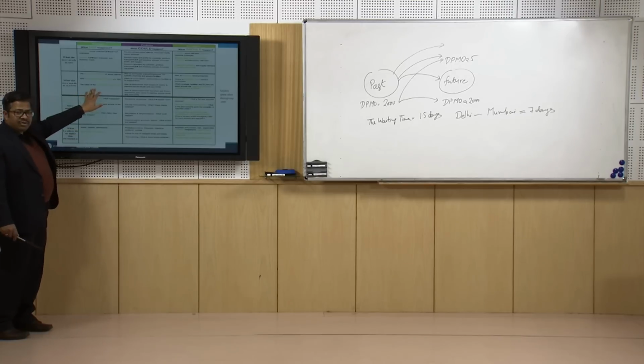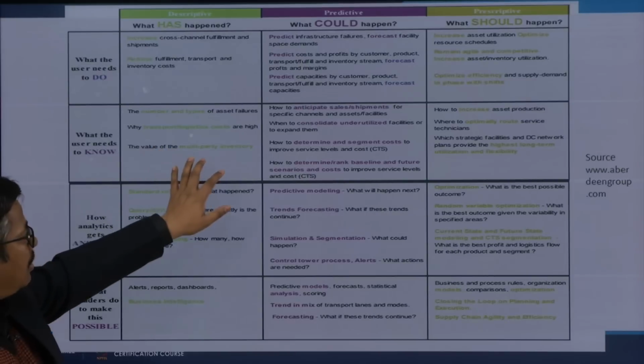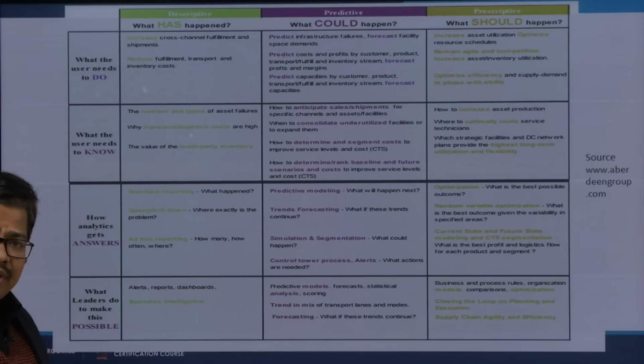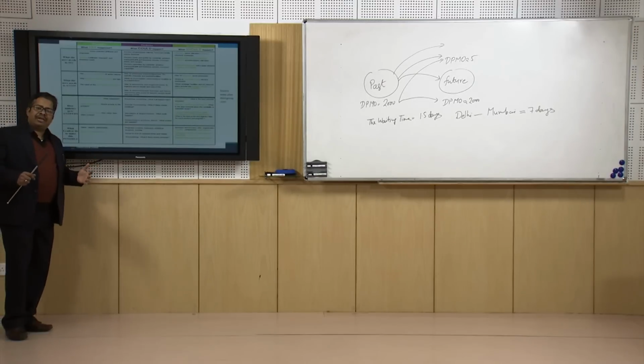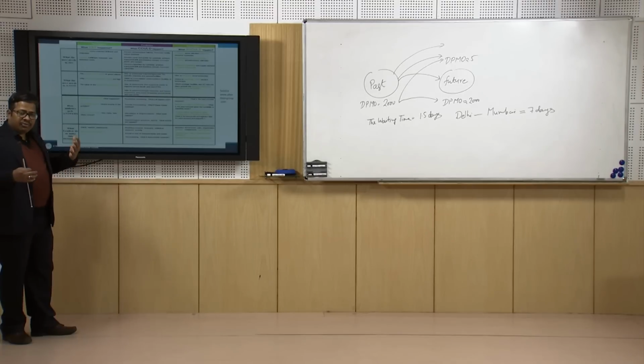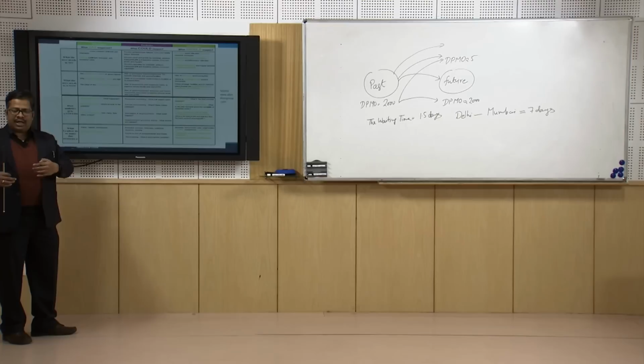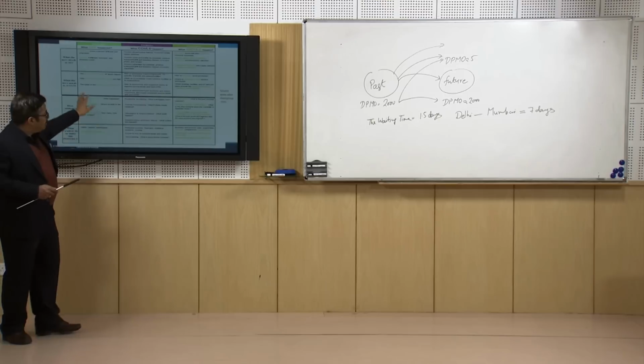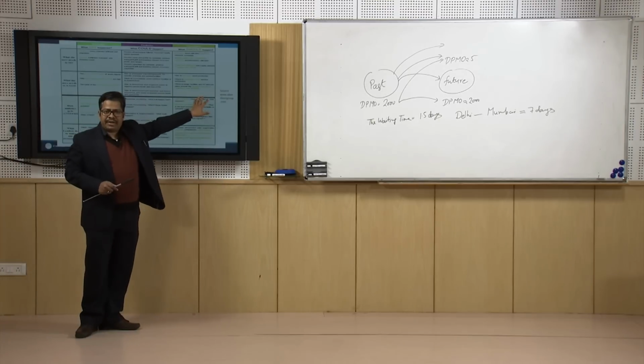We also want to know the value of multi-party inventory. We have inventory not only from one source. In a supply chain we have inventory from a variety of sources, and we need to know the value of inventory from different sources, and therefore we can apply concepts like ABC analysis, which will come in prescriptive analytics.